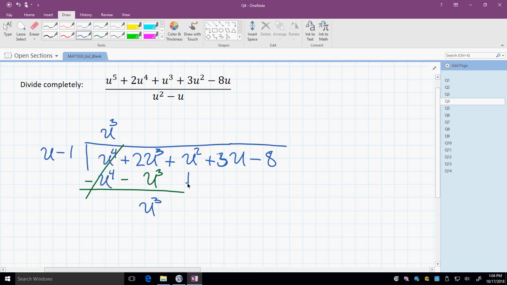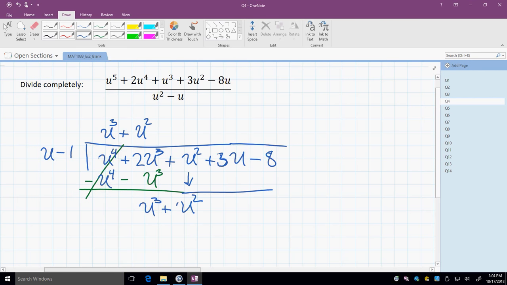I bring down the next term, which is a positive u squared. Now, by what number or variable do I need to multiply u to get u to the third power? It's going to be a positive u squared.